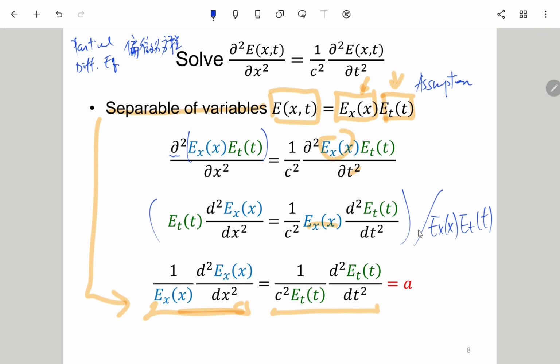On the left side, E_t of t cancels, so it becomes 1 over E_x of x. On the right side, E_x of x cancels, so it becomes 1 over c squared, and 1 over E_t of t goes here. And then finally we successfully separate the function of x and the function of time.